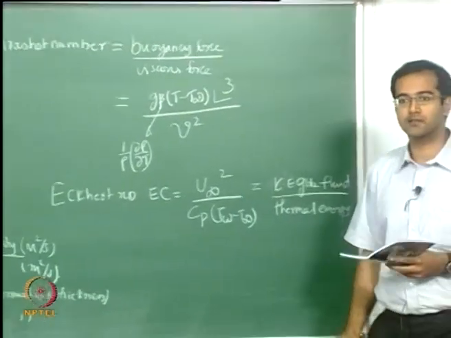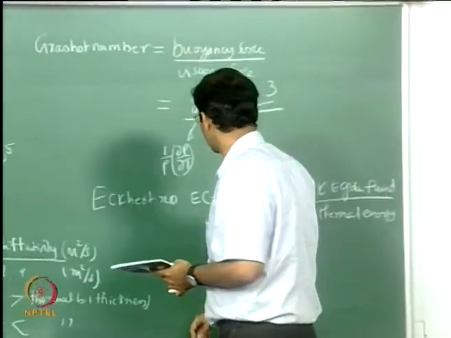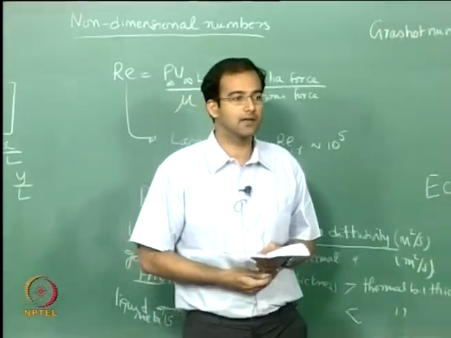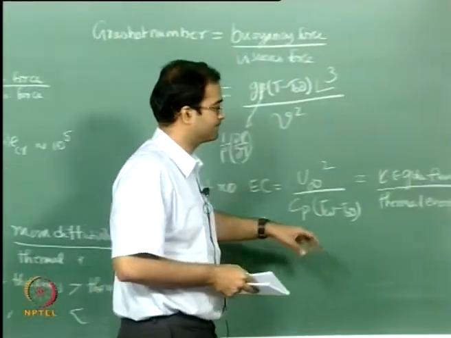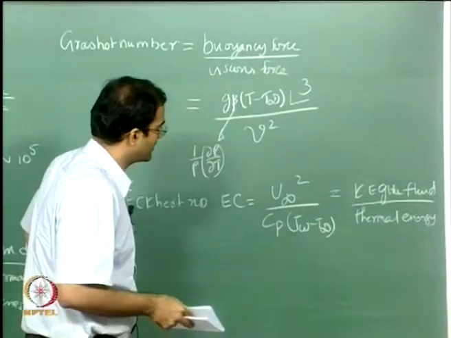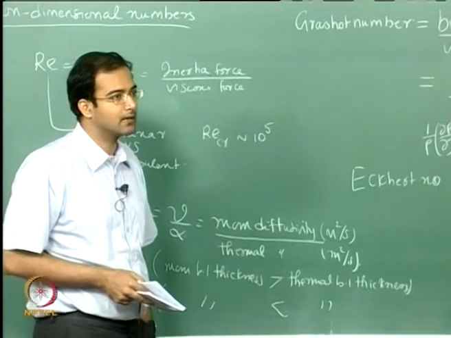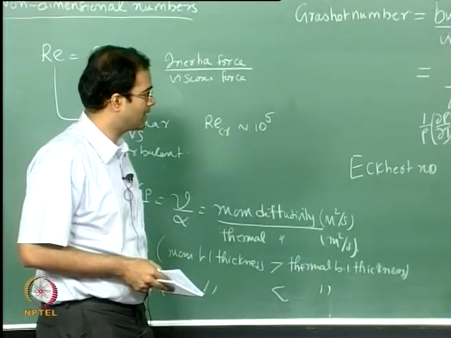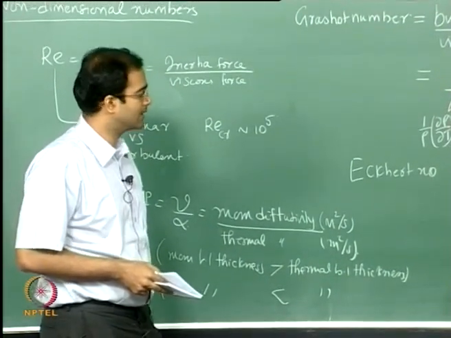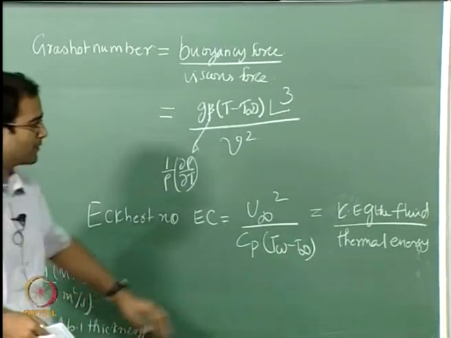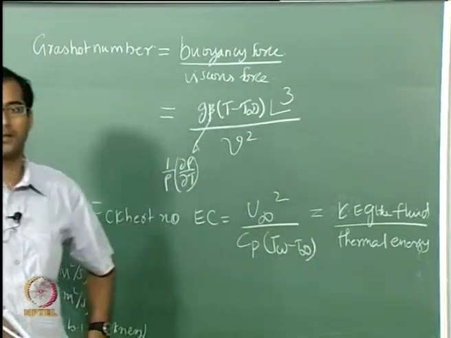So what it means is, if you have a high Eckert number, a portion of your kinetic energy gets converted into thermal energy. This is especially true for high speed flows, or very high viscosity dominated flows, where you have a lot of viscous dissipation effects, and a portion of the kinetic energy is converted into thermal energy.